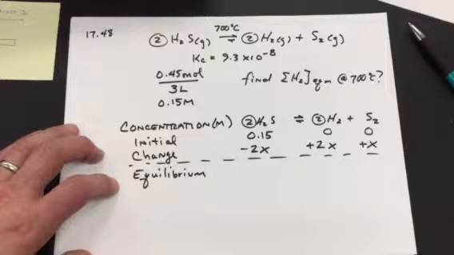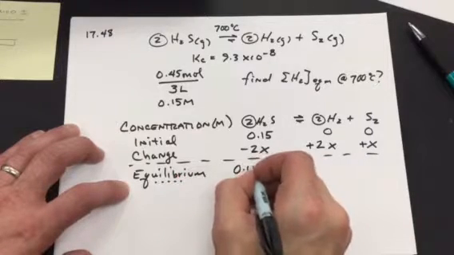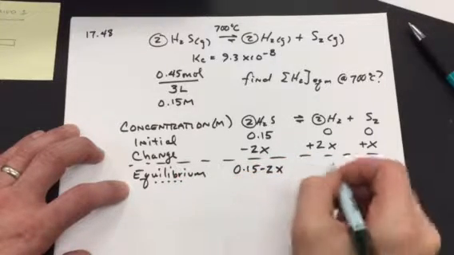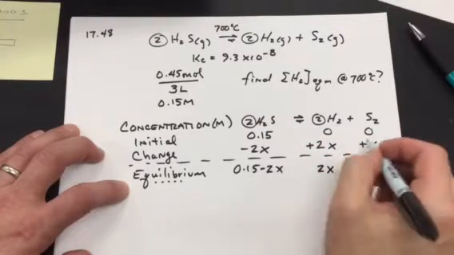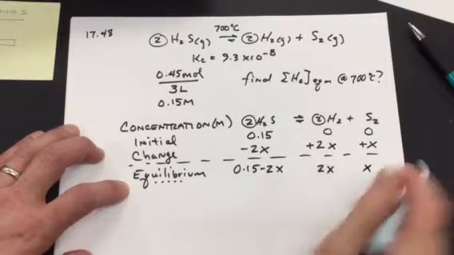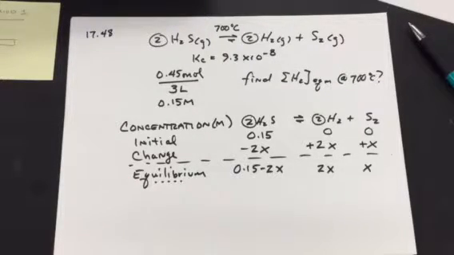Now you see from that little reaction table, we can see that our equilibrium values are going to be 0.15 minus 2x. This is going to be 0 plus 2x, which is 2x, and 0 plus x, which is x. Now we can write an equilibrium expression.